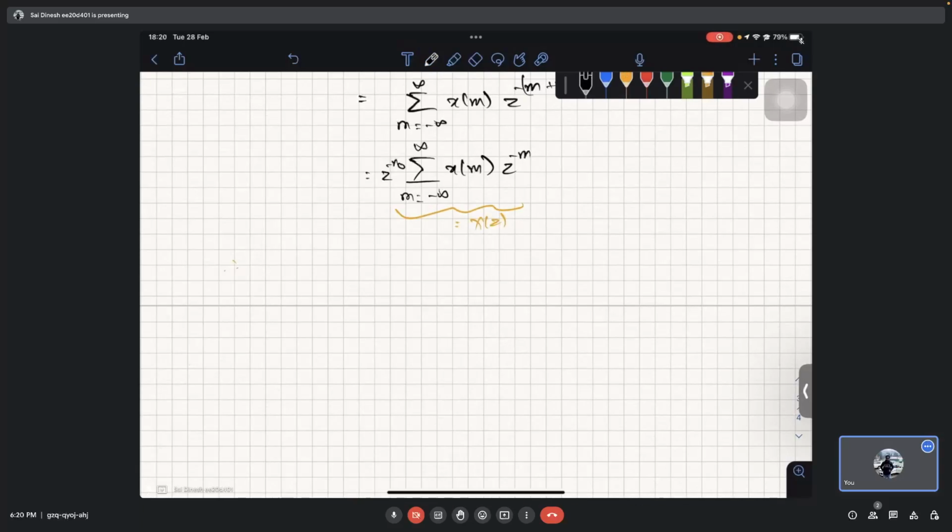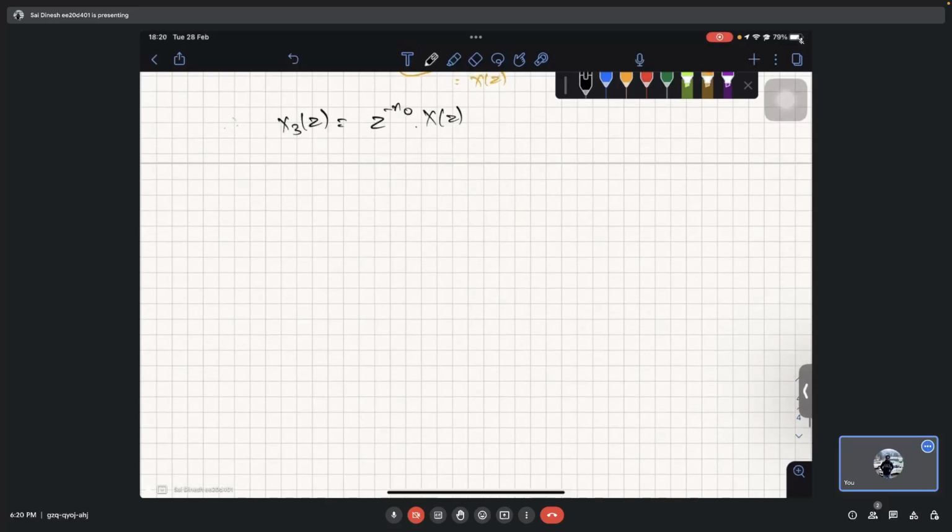Therefore x3 of z is equal to z power minus n naught into x of z, which implies x of n minus n naught is a z transform pair with z power minus n naught into x of z. So this is a very interesting property. Right, so this is the shifting property.